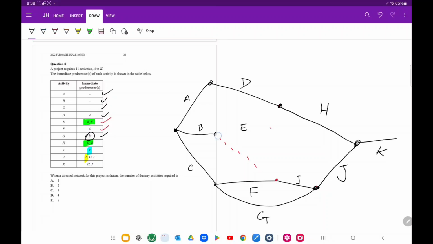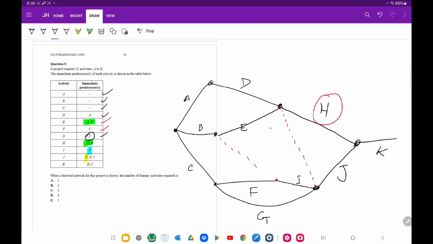If this was straight out drawn E like this, and we create the dummy variable in this particular way, this would imply that H has a predecessor also of I, because H can't start until D, E, and I are complete.